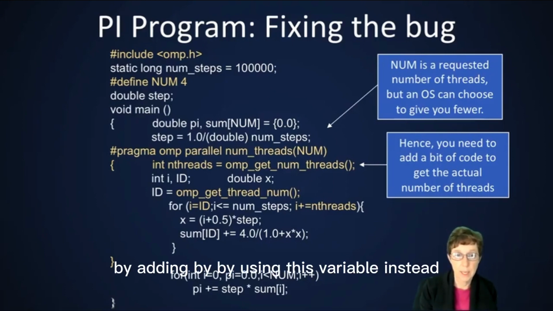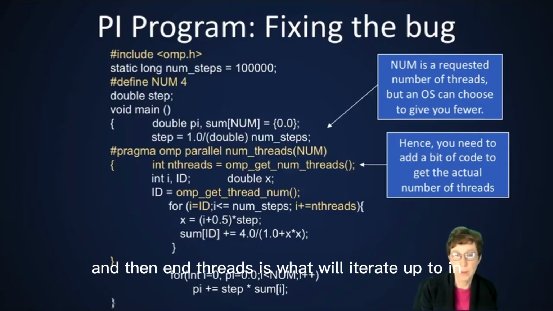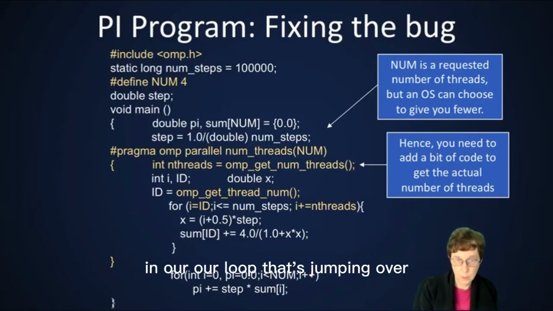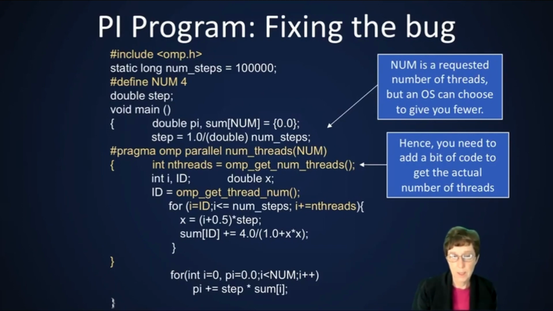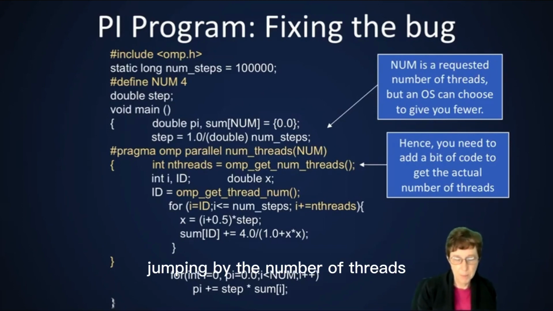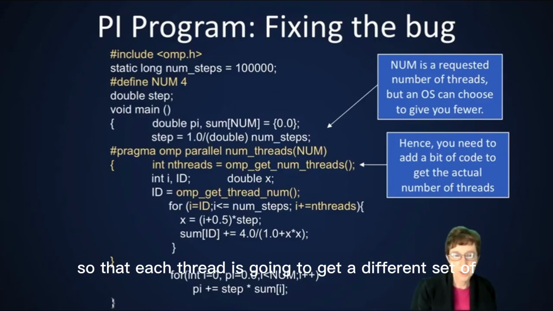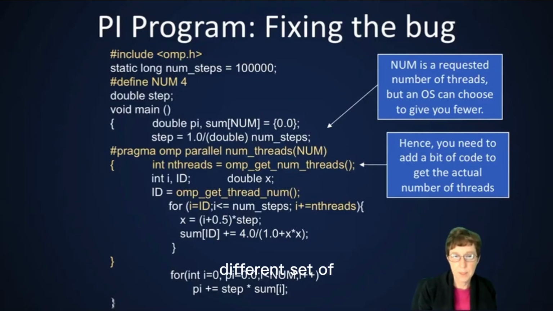using this variable instead, nthreads, and then nthreads is what we'll iterate up to in our loop, jumping by the number of threads, so that each thread is going to get a different set of index i's.